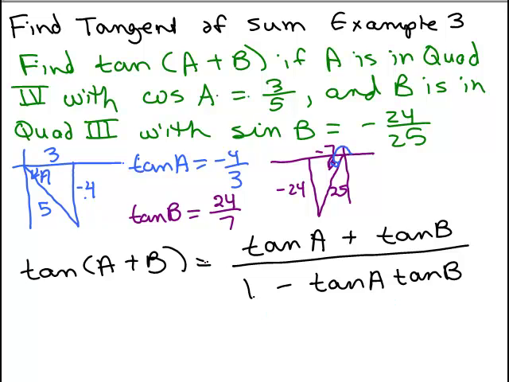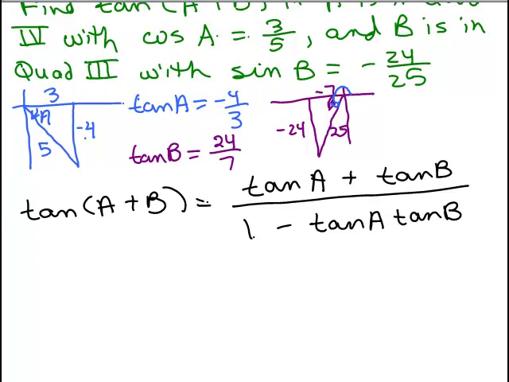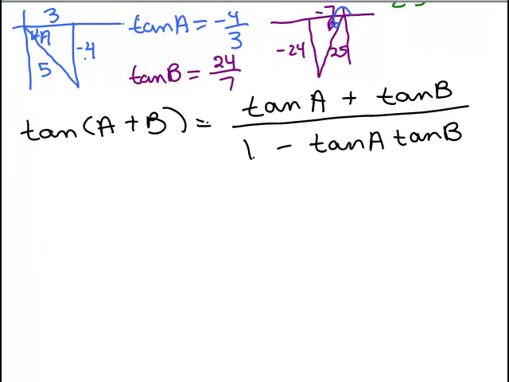So before we could use this formula, we have to figure out the tangent of A and the tangent of B. And this is not the only way you could do it, but this is one way you could figure it out. Okay, so now, let's plug in those values.